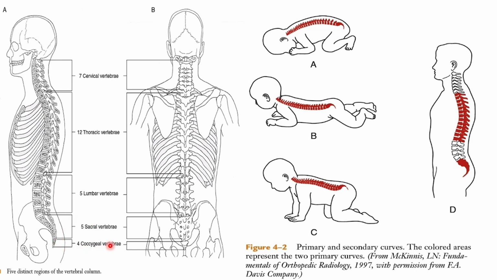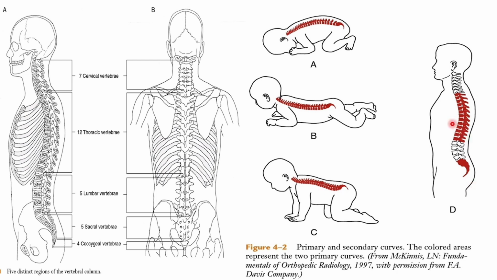Coming to the primary and secondary curves of the vertebral column, there are 2 types. The primary curves retain the original posterior convexity throughout life. The primary curves include the thoracic curve and the sacral curve.